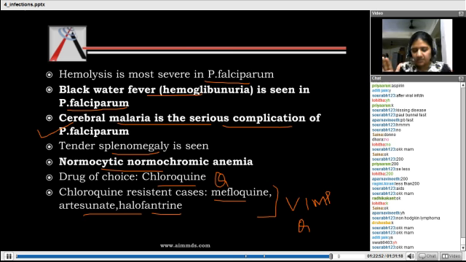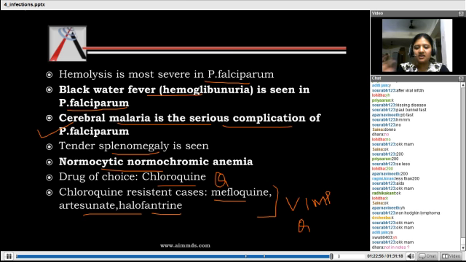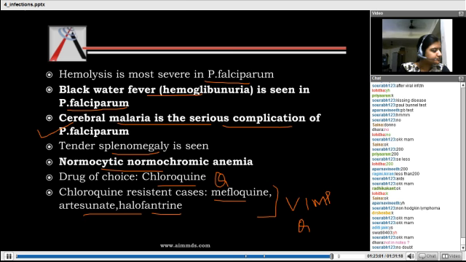Was this clear or any doubts? Please ask, because drugs for chloroquine resistant cases is a very important MCQ. Not there, huh?